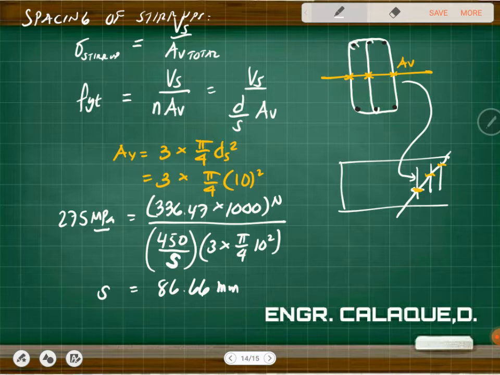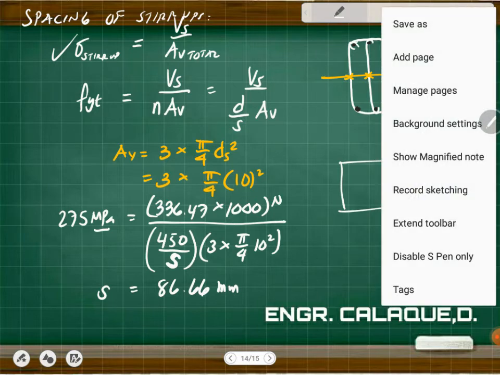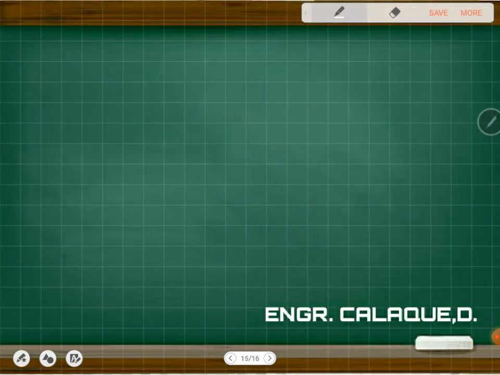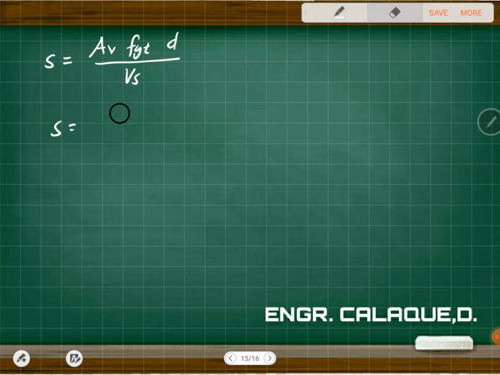So pwede rin kung ayaw mo ng ganito, parang medyo yung approach ko kasi dito is parang strength of materials. Pwede din yung formula ng spacing for stirrups, no? Which is derived pa rin dito. So, mas madali yan, actually. Kasi, direct substitution ka na, no? So, pwede rin gamitin yung formula na EV, FYT, D all over yung VS. Same pa rin yan. So, meron kang tatlong pi over 4, 10 squared.